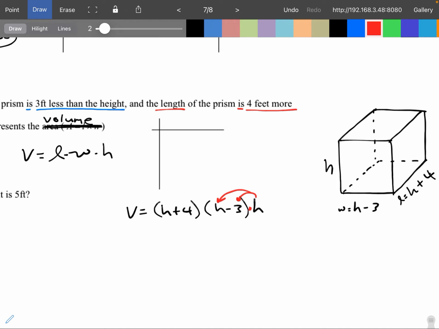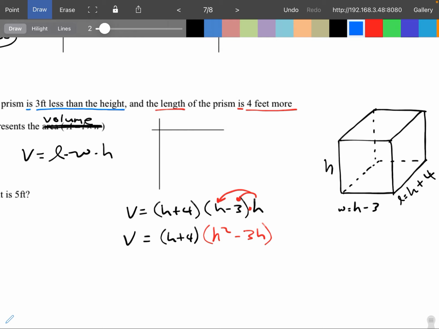In fact, watch for that on the SAT, because they like to do that kind of stuff all the time just to confuse you guys. So we're still gonna do the h times the h, which is going to give us h squared. And then the h times the negative 3, which is going to give us negative 3h. And then we still got to multiply that by that h plus 4 in the front. And that's going to equal the volume.